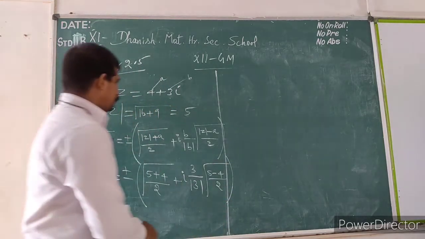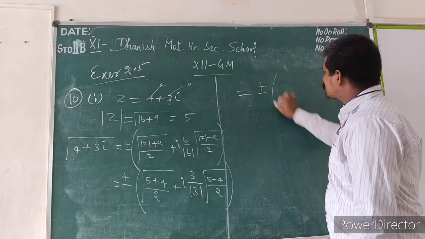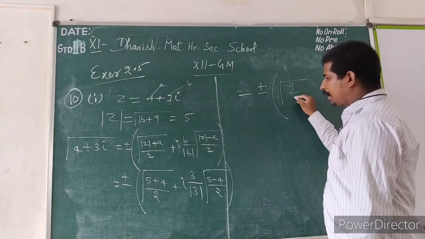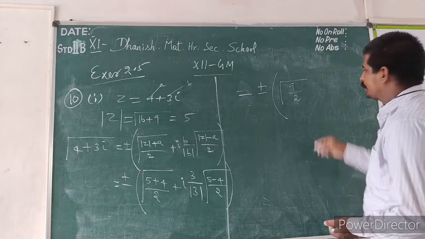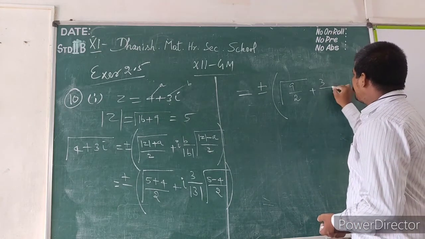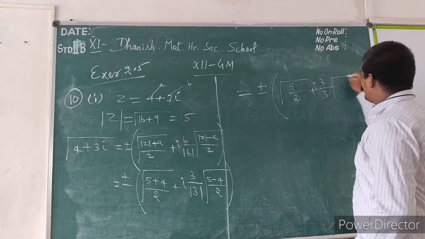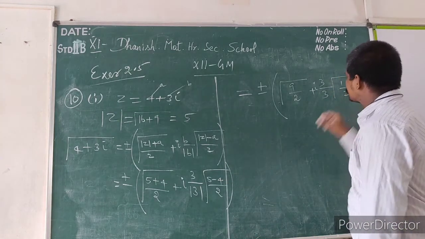Now the next is plus or minus root of 9 by 2, plus 3 by modulus 3, which is 3, i root of 1 by 2.